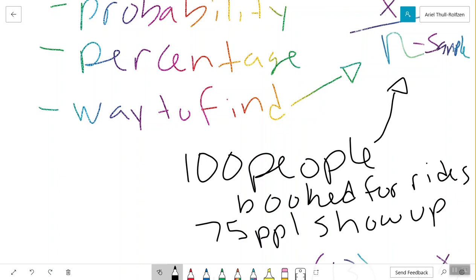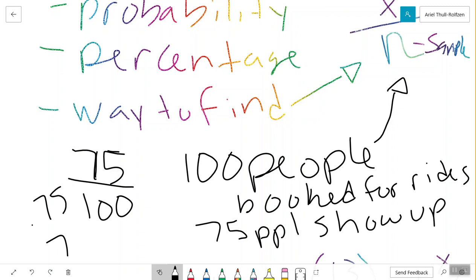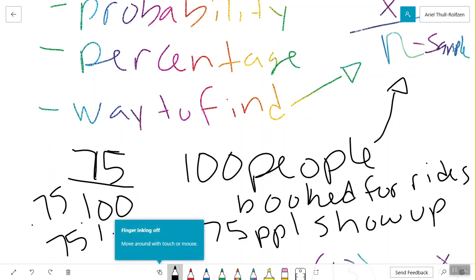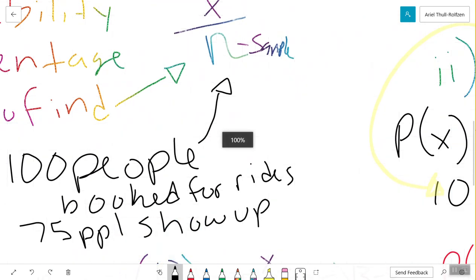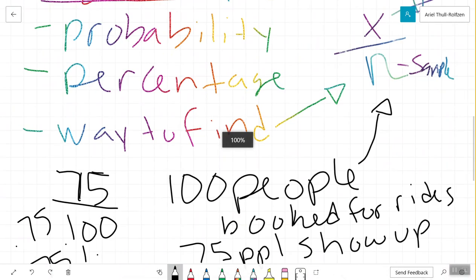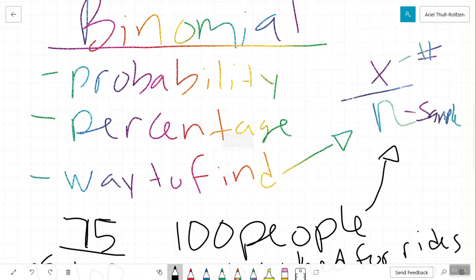I know that my n, my sample, is 100 people booked for rides, and my x is the 75 people that show up. So I can say, what's 75 divided by 100 is 0.75, or 75%. It would have gotten us to the same place as the information that we had to work with. It was just a different way of giving us that information.